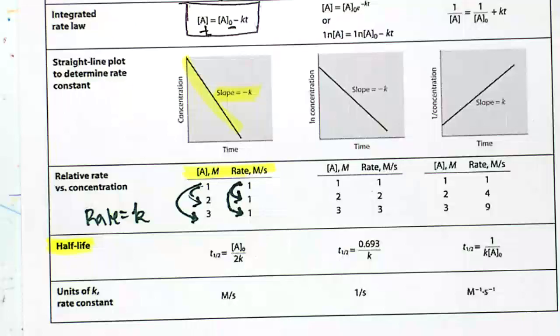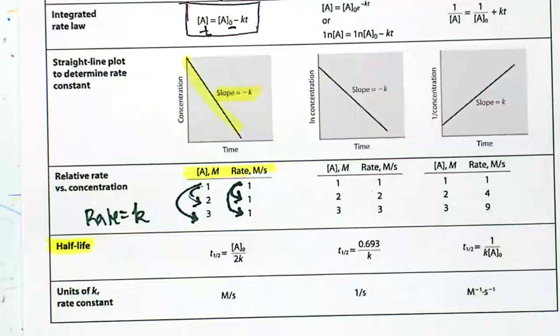What is time? Seconds, minutes, years, decades, centuries, microseconds, milliseconds, whatever it is. Some drugs in your body have half-lives of milliseconds. That means after 10 milliseconds, 50% of the drug has been absorbed by the body.